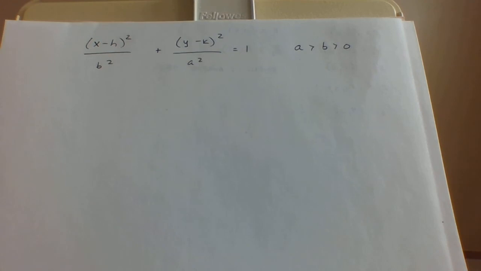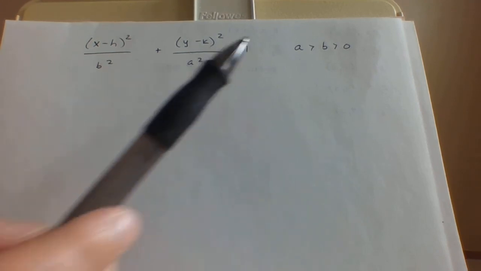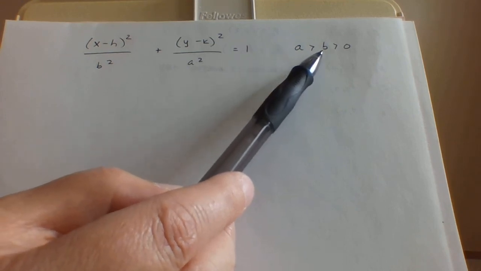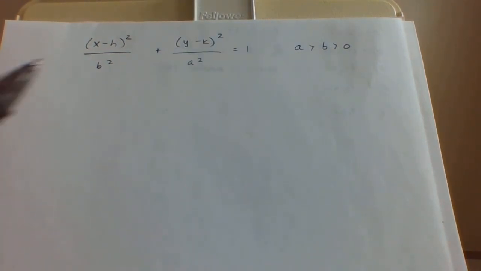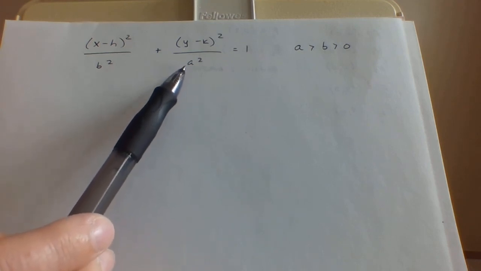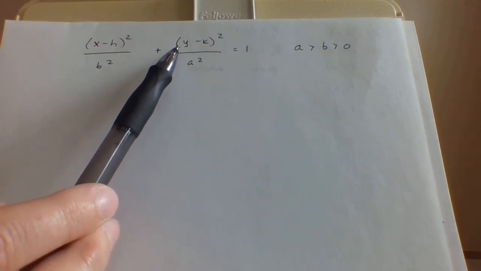And keep in mind that the criteria here with a and b is still the same as our last example. Our a value is bigger than b, and both of those values are bigger than 0. So you're going to notice that your a squared term this time is underneath your y terms, which is the indicator that your y-axis, or your vertical axis, is going to be your major axis.